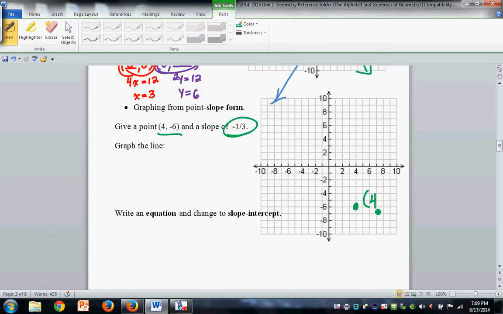So we start with our point, and now our slope is negative, so it's going to go downward from left to right, 1/3. So we go down 1 over 3, or we could even go up 1 and over 3 to the left. So there is our line.